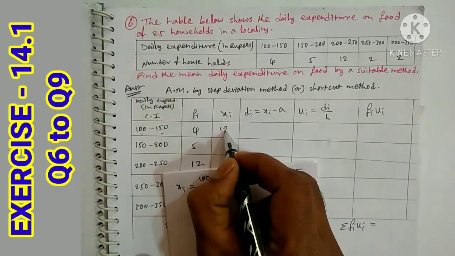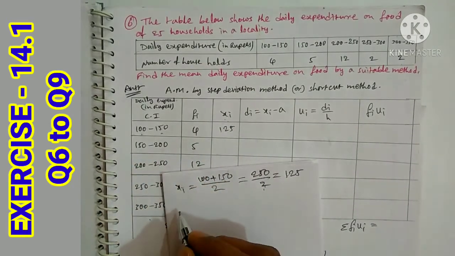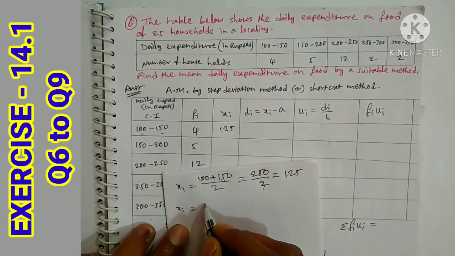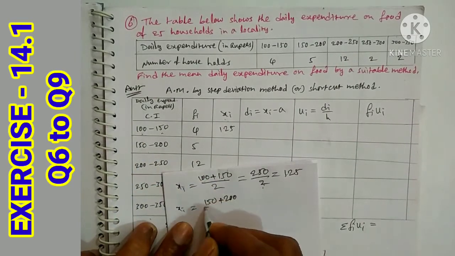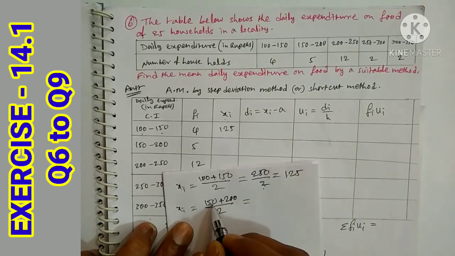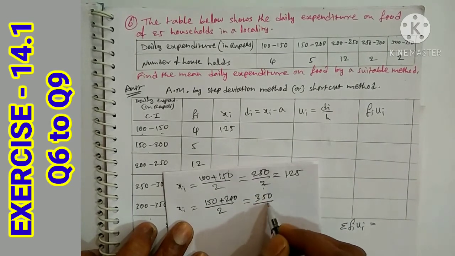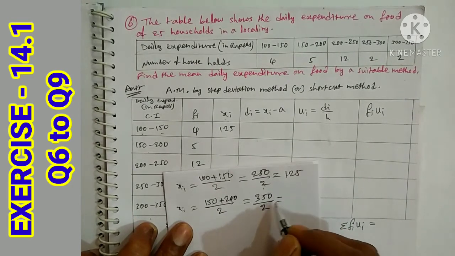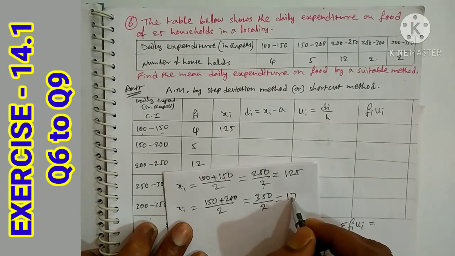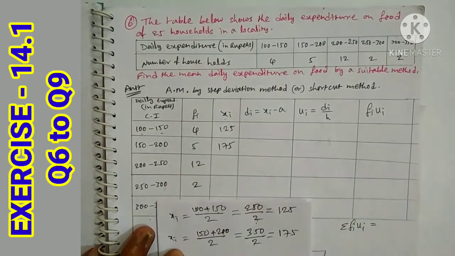Next, 150 plus 200 is 350, divided by 2, which is 175.